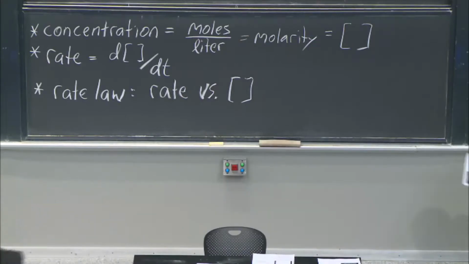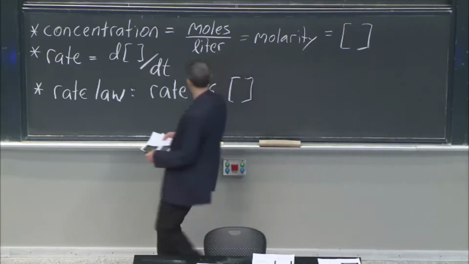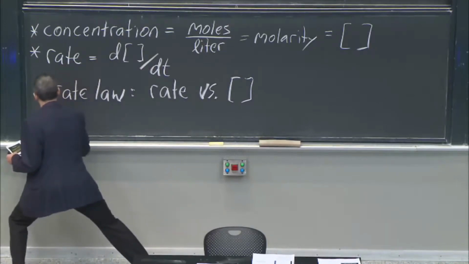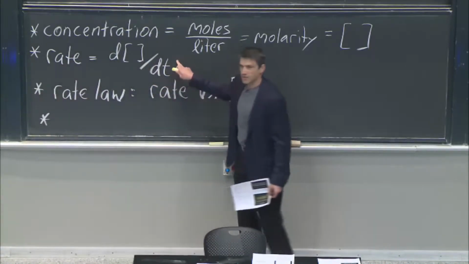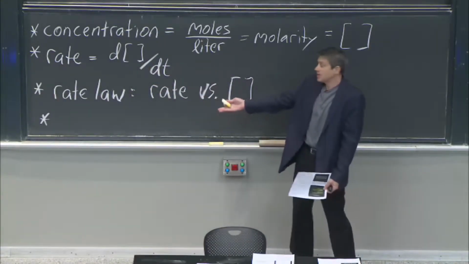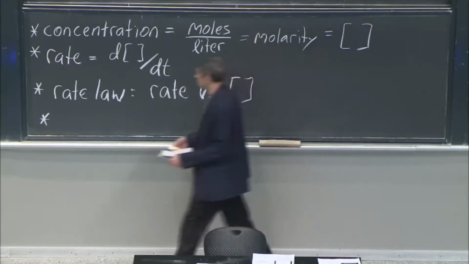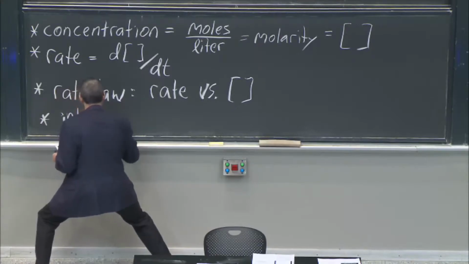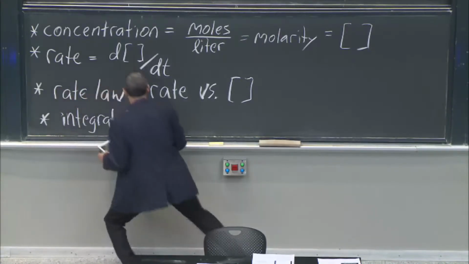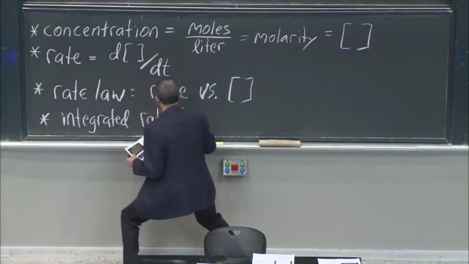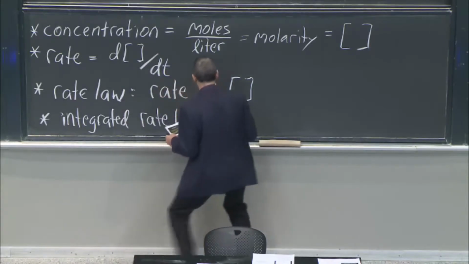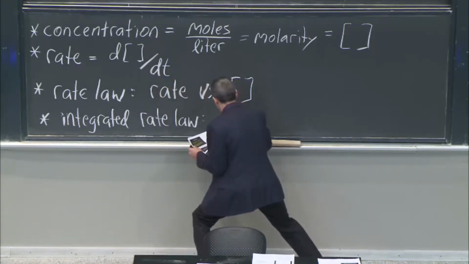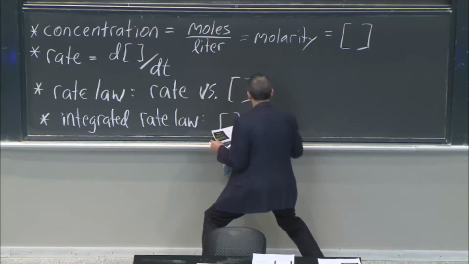And then I could integrate that, because the rate itself is a derivative with time. It's a change in time. So if I integrate it, then I've got something called the integrated rate law. And what's that going to give me? It's going to give me the concentration versus time.